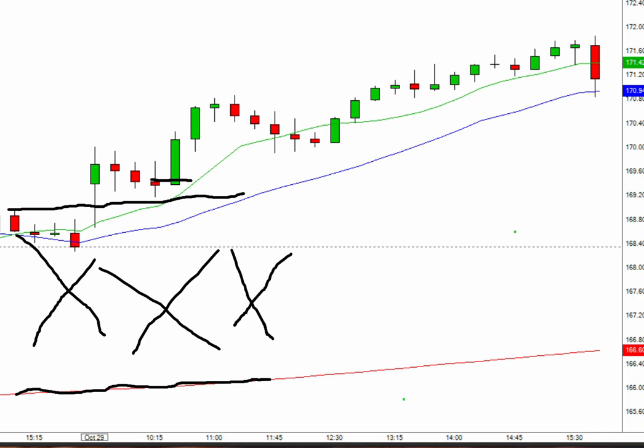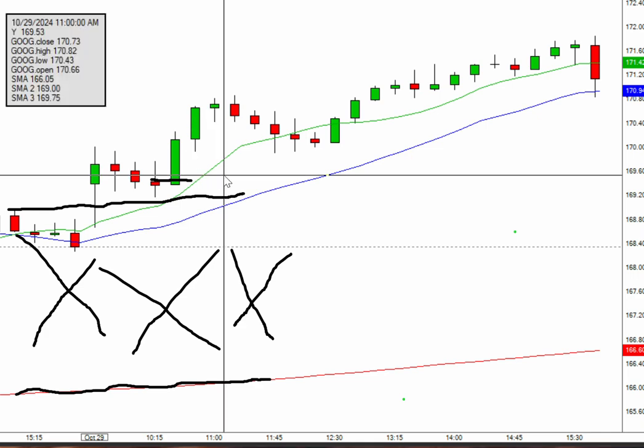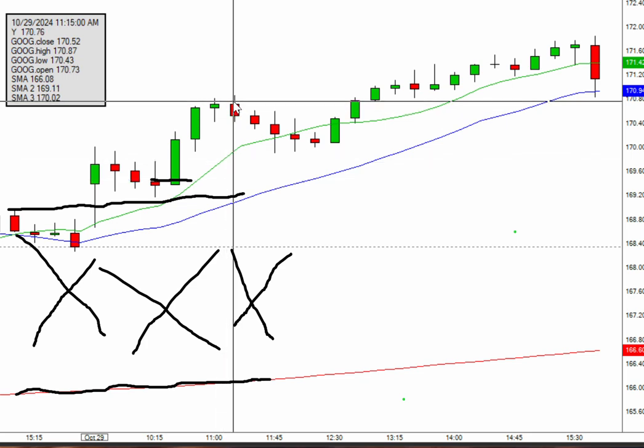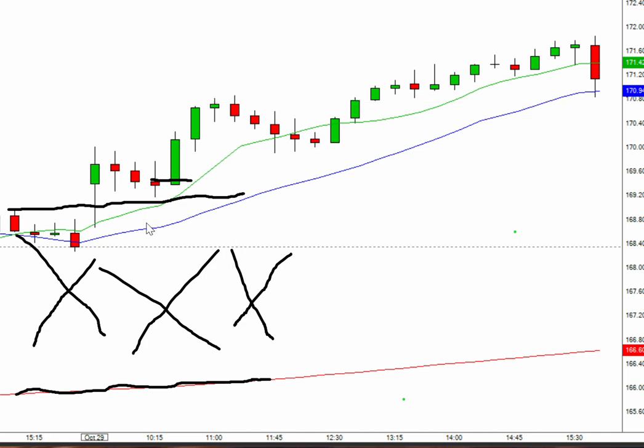This stock, Google today, ripped all the way up to here. So let's see. It was 169.45 at the top, 170.75. That's $1.30. Let's say you had 2 or 3 positions. It's easily $300 right there, almost $400.